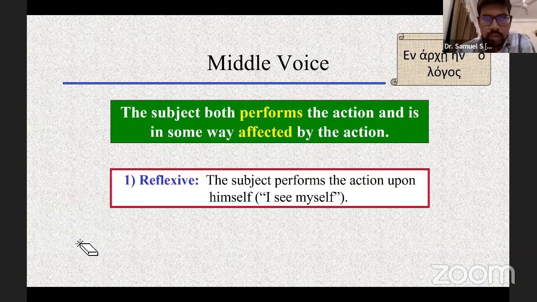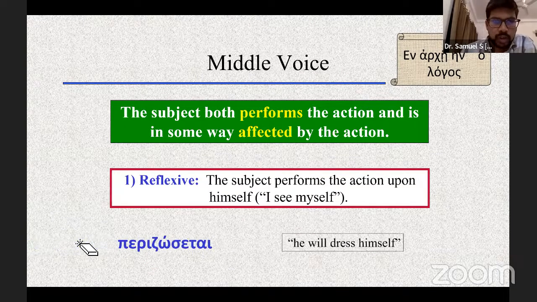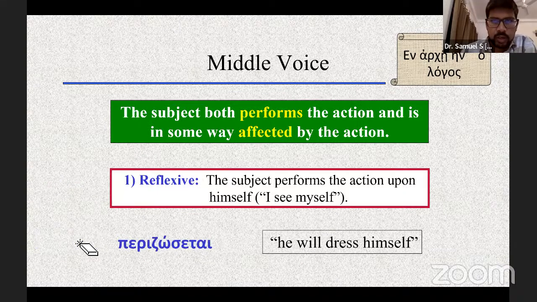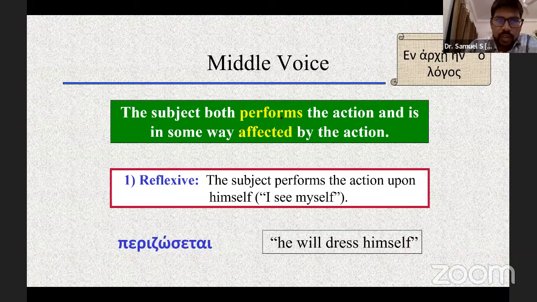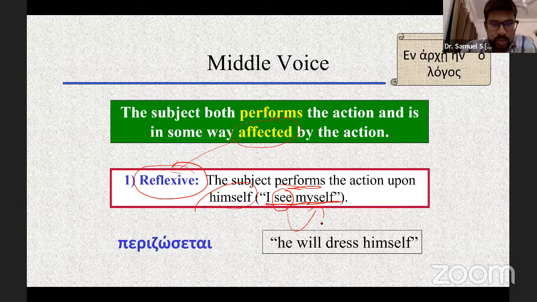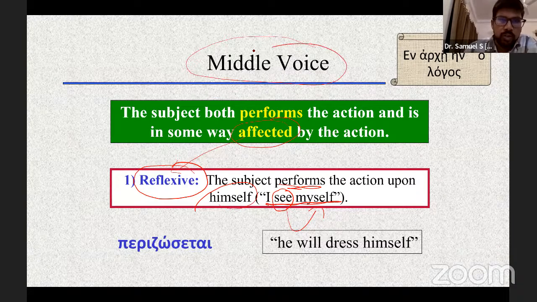Middle voice, subject affectedness. The subject both performs the action and is affected by the action. So one way by which the subject gets affected is reflexivity, where the subject performs the action upon himself. For example, I see myself, right? This is called reflexivity, where the subject is performing the action upon themselves. So this could be one way by which the middle voice can be rendered in English.